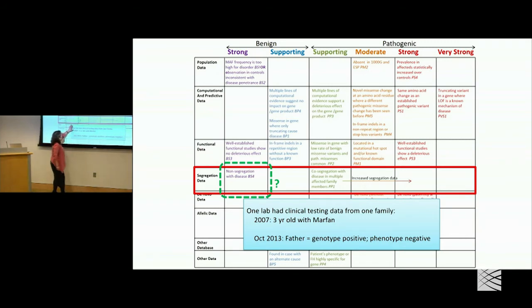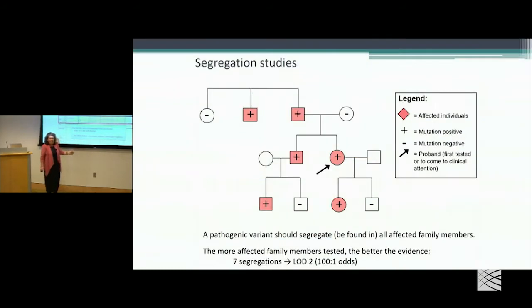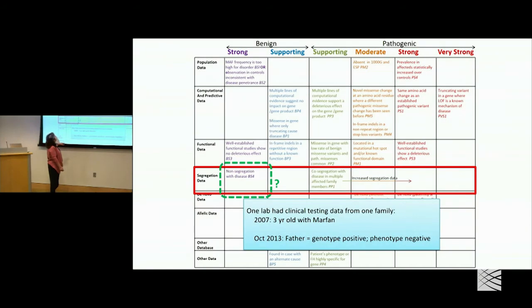So in this case, you can't really apply this rule at a level of strong because it was the opposite, genotype positive, phenotype negative. However, you could say, given that Marfan is fairly high penetrance, we ended up arguing that it was supporting evidence a little bit.